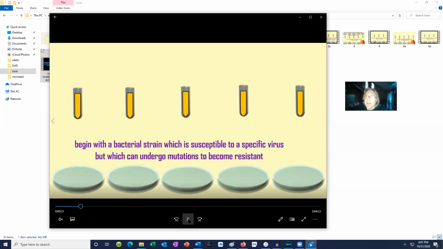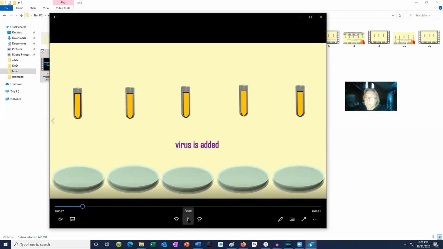Then they added a virus. The mutants will be resistant to this virus, or at least those are the mutants that are going to live on these plates, because if the bacteria aren't mutant, then the virus will kill them and they'll die. So if there are mutants which are resistant to the virus, they'll grow on these plates, otherwise they die.